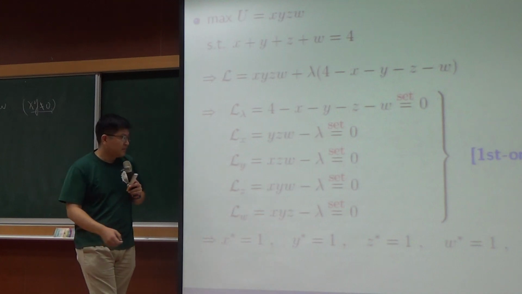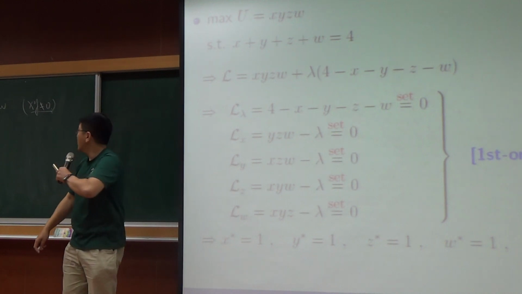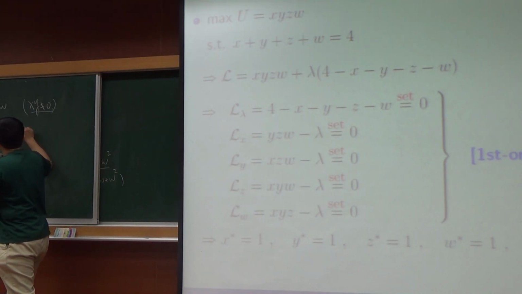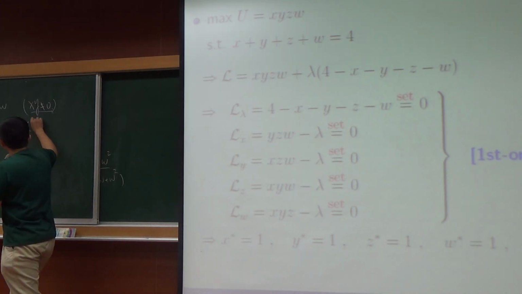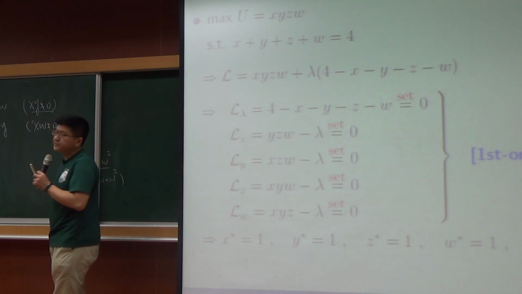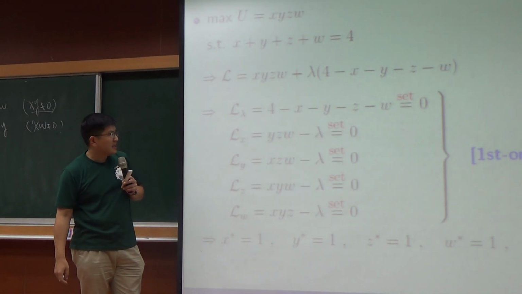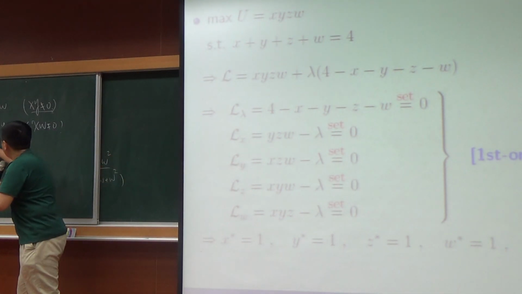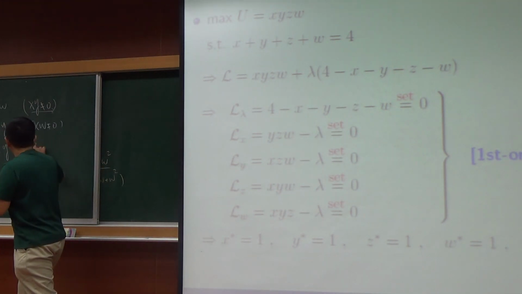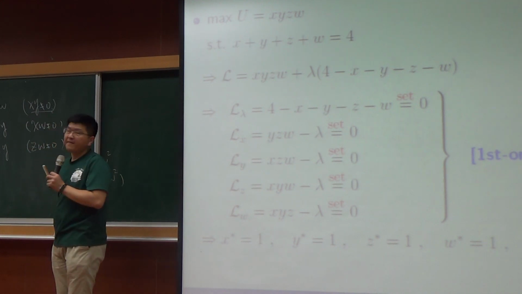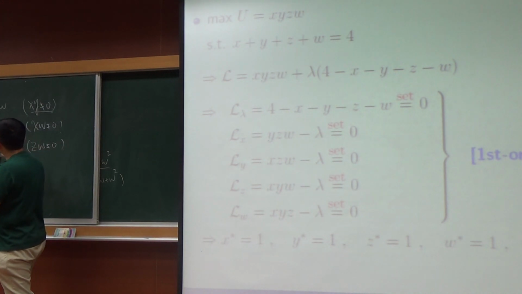And from these two, we will see something as z equals y, and the premise would be xw cannot be 0. And then from these two, we have what? x equals y, with the premise of zw cannot be 0. Okay? So from here, x equals y equals z equals w.